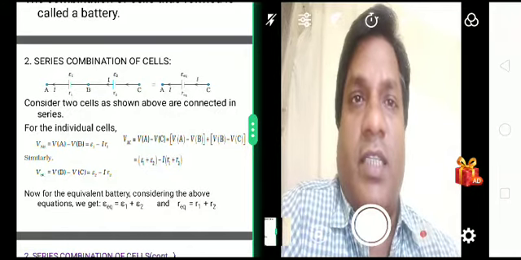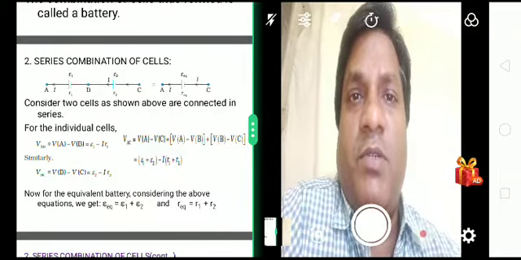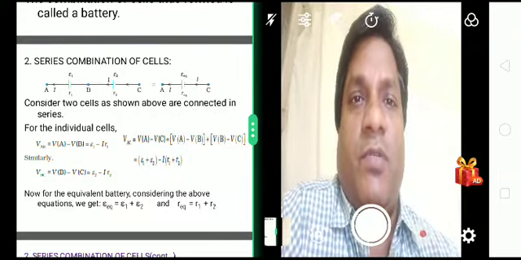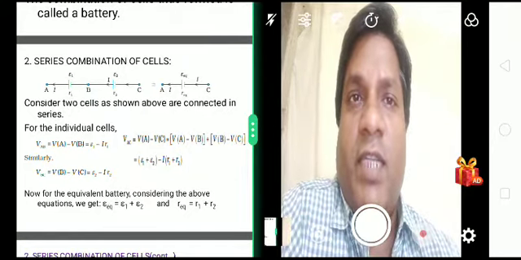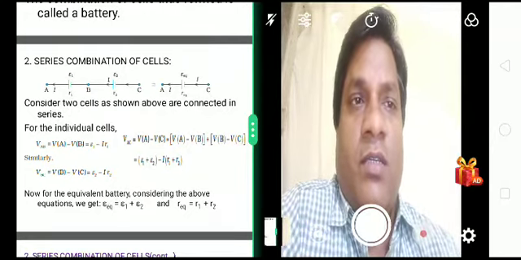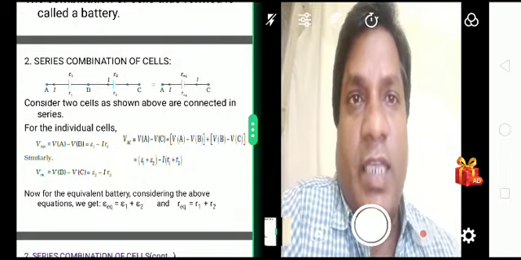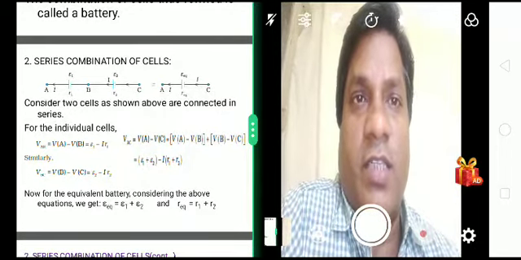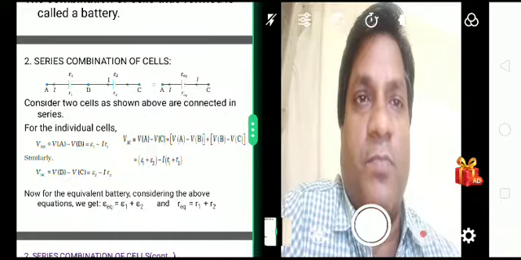Similarly, for the second cell, the potential difference between B and C is equal to EMF E2 minus I into R2. Here, current is same through both the cells because they are connected in series combination.